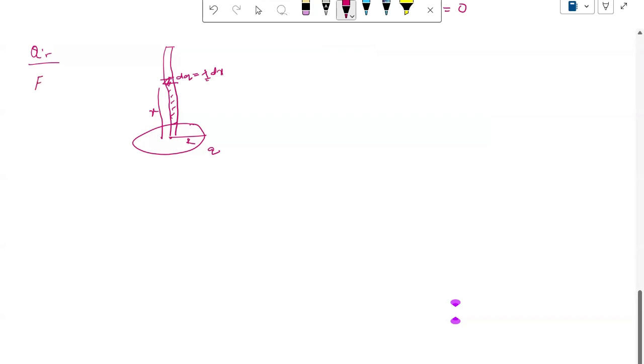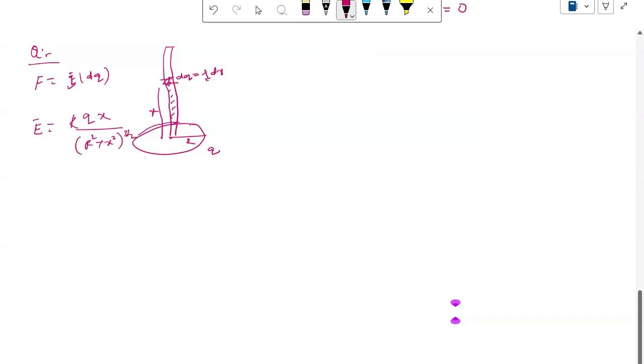So the force is equal to, we know, F is equal to E into dq, where E is by the ring. Therefore, E by the ring is equal to, at a distance x, K Q into x by R square plus x square whole power 3 by 2.